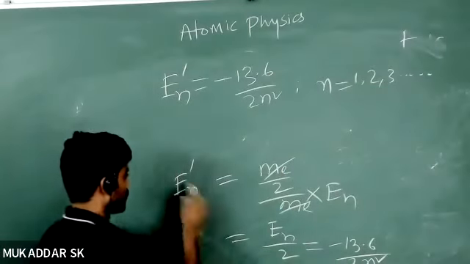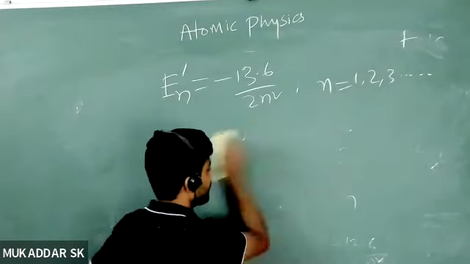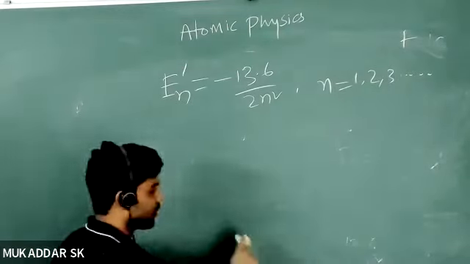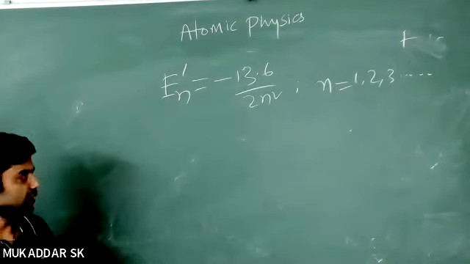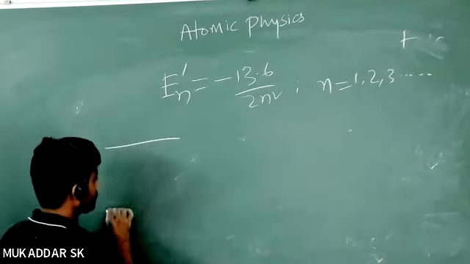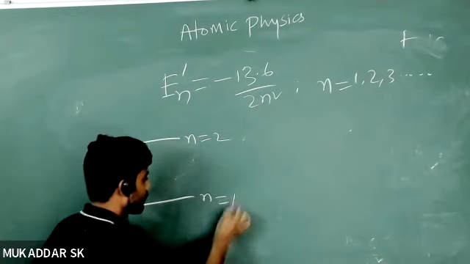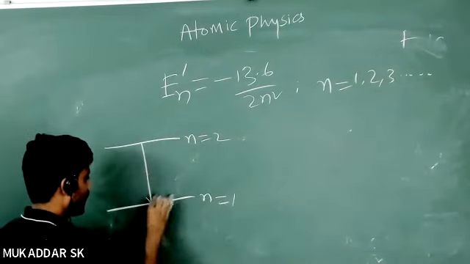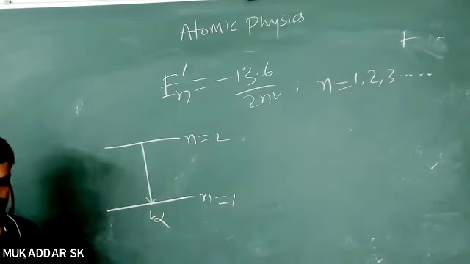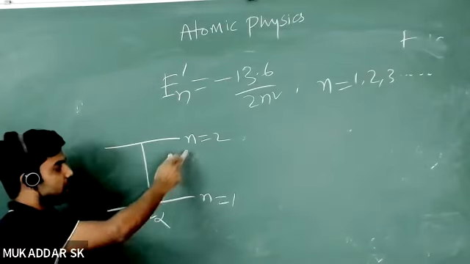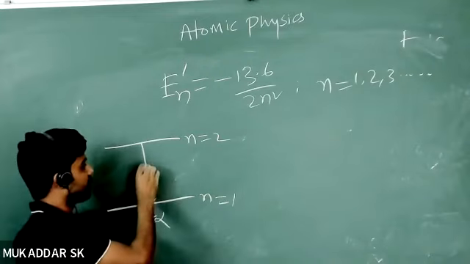Now if you remember, for the Lyman series or Lyman alpha line, the transition is happening from n equals 2 to n equals 1. This is known as the Lyman alpha line, or L alpha. So the energy of this line will be how much?